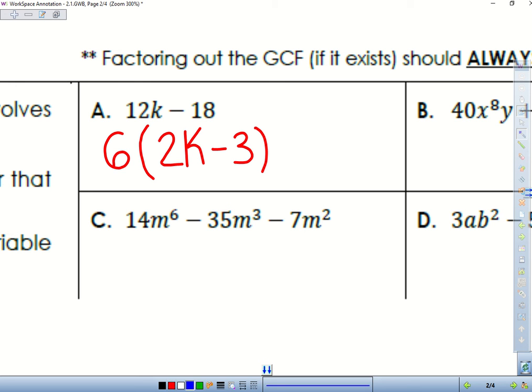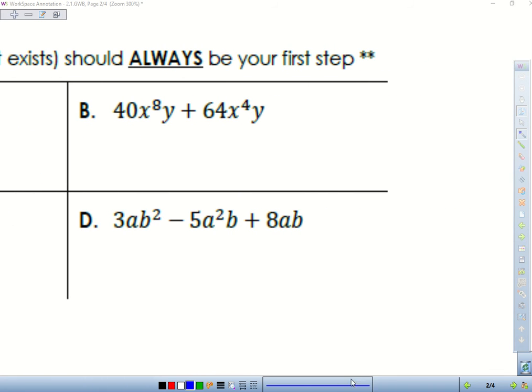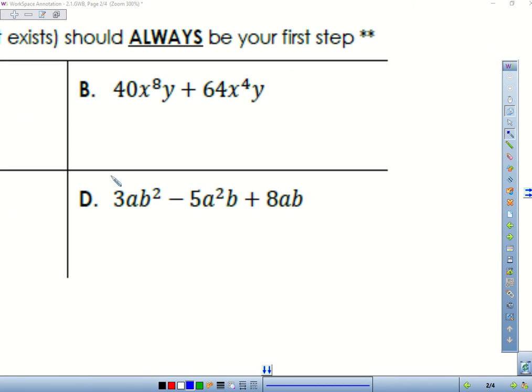All right, let's go ahead and try the next one, which will be B. So what number is both 40 and 64 divisible by? 4. Good. 4, they are both divisible by, but I think there's a bigger number we can take out, right? 8. Good. You always want to take out the biggest one possible. So 8 can come out, and then you always want to look for the variable and see what variables they have in common. So they both have x's.